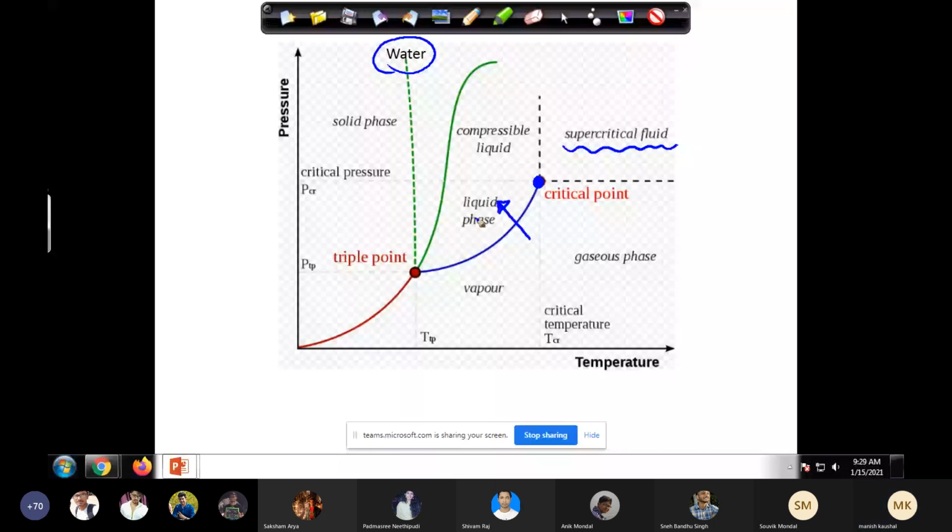But is it always necessary that we should cross this phase line? The answer is no. There is another way that you can go from vapor to compressed liquid through this path, through the supercritical fluid. If time permits, maybe at the end of this course, because there are so many things to cover, I'll try to touch this aspect. Okay, otherwise not. So this is the critical point.